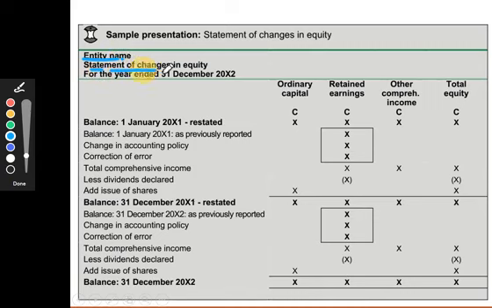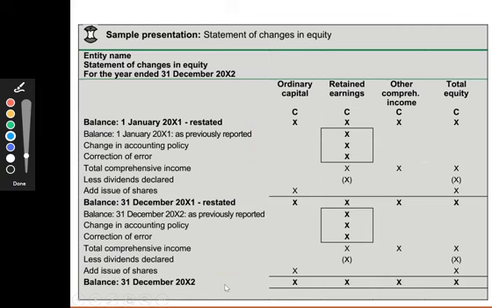statement of changes in equity, and very important, this is for the year ended, and then we've got our full date. And then you'll see here we've got a column for each type of equity. We've got ordinary capital, retained earnings, other comprehensive income, and then we've got a total column at the end. And then this is our prior period, and then we've got our current period.